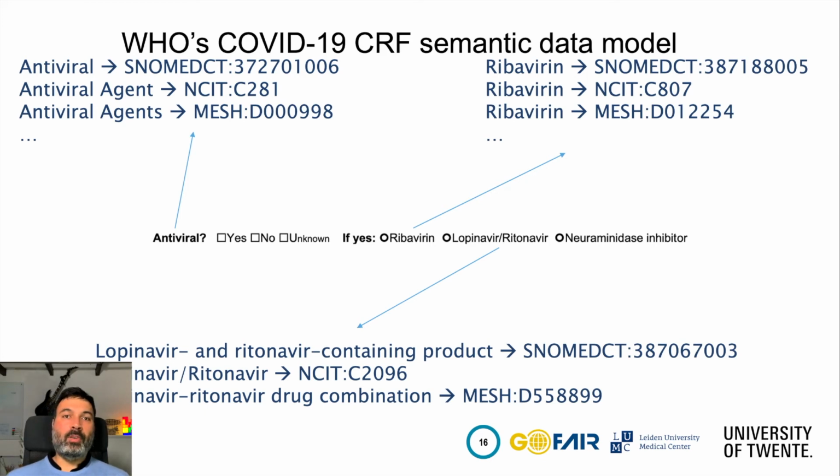So here we provided references to the concepts of ribavirin, lopinavir, etc. So each one of these options given by the question are mapped to concepts in existing vocabularies that represent these antivirals. Moreover, we try to add, again, as many mappings to similar concepts in other vocabularies as possible.